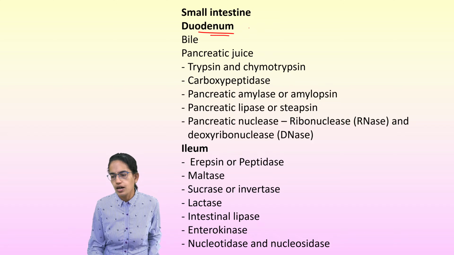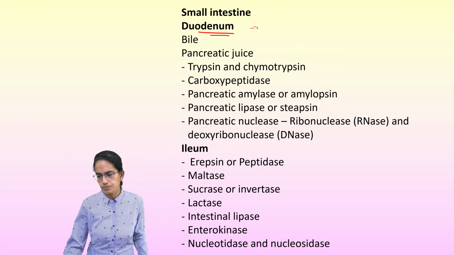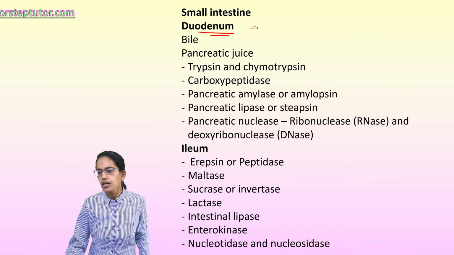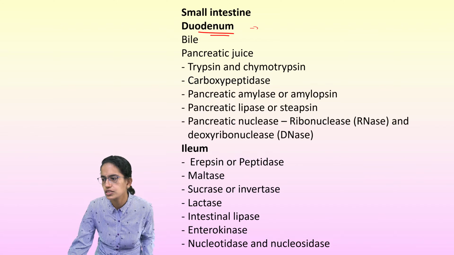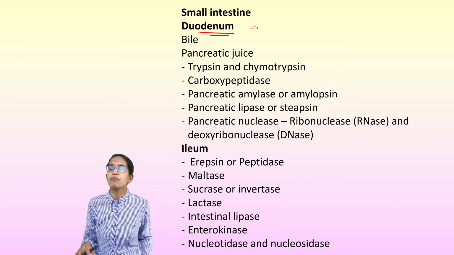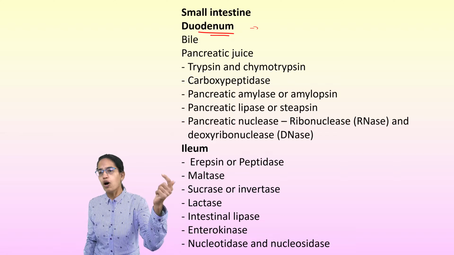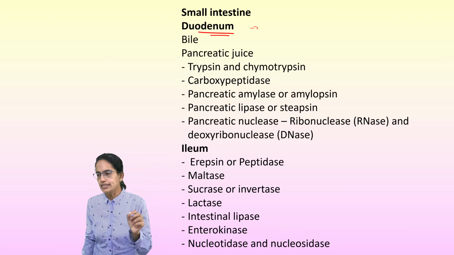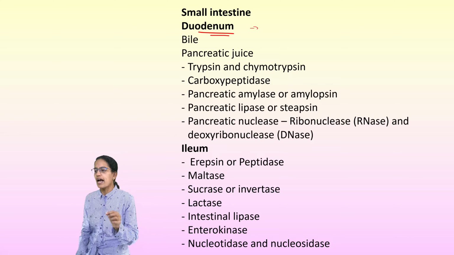Duodenum is a very important aspect that we must understand. The function of duodenum is very simple, where we would talk about some of the major features. First of all, the chyme is produced, and in the descending limb of the duodenum, common bile duct and pancreatic duct empty in. So bile is released. Now this bile has no enzyme.